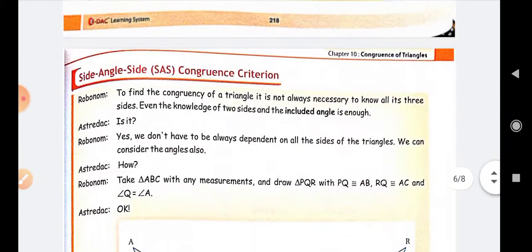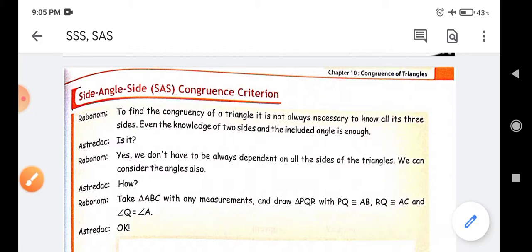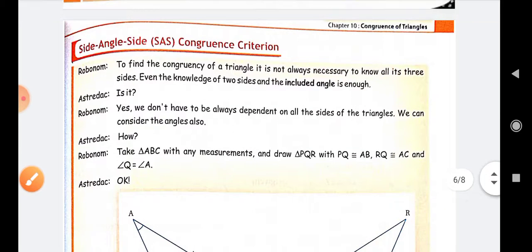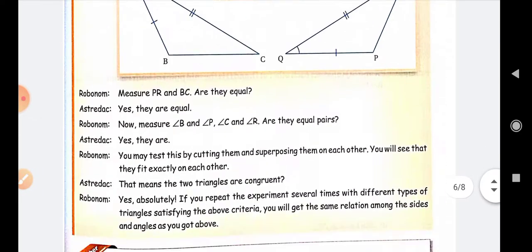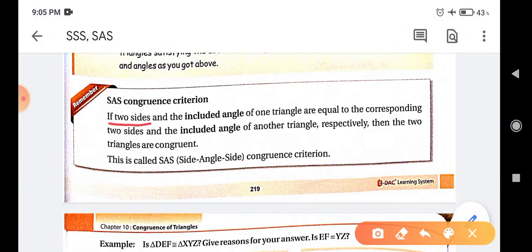And next is the second congruence criterion, side angle side, that is SAS. In this, two sides and one angle are used. The angle should be the included angle, that means between these two sides.